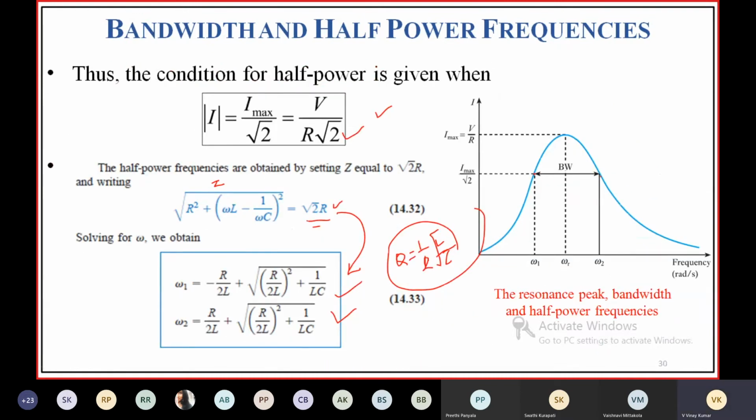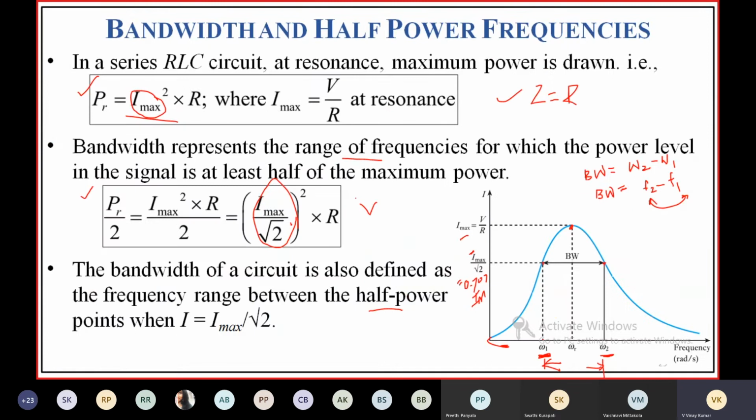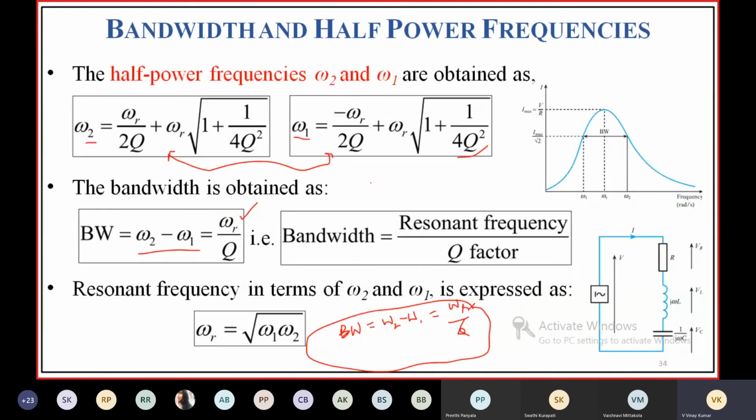Solving this is somewhat difficult, not that much difficult, but you need to spend time. So instead of spending time to solve that, it is better to remember only this formula. All you need to remember is bandwidth is equal to omega R by Q, resonant frequency by Q.